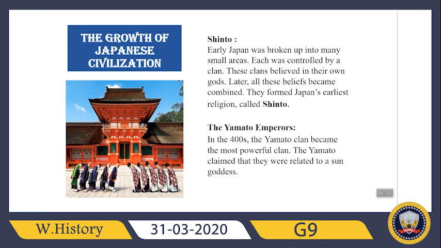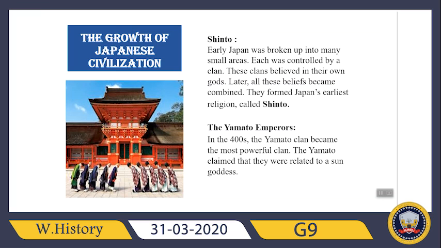In the beginning, each clan had its own gods, but later all these beliefs became combined and formed Japan's earliest religion, called Shinto. The first thing you should know is that Shinto was based on respect for the forces of nature and on the worship of ancestors. Shinto worshippers believed in kami.